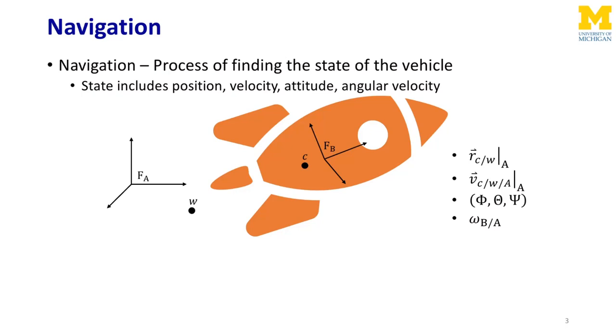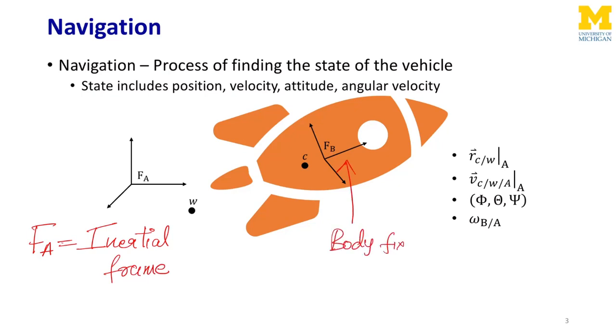So let's say you have an inertial frame FA. We're going to assume that FA is an inertial frame. And we're going to assume that FB, this guy, is a body fixed frame.